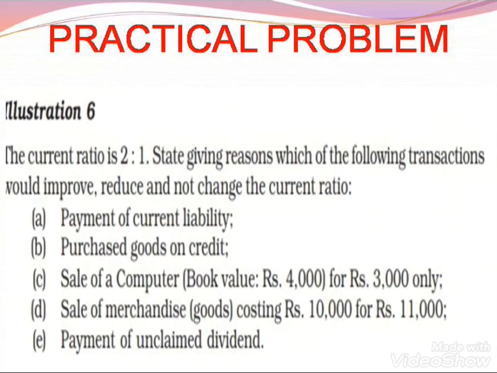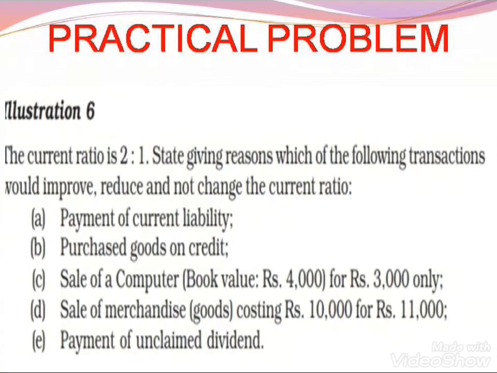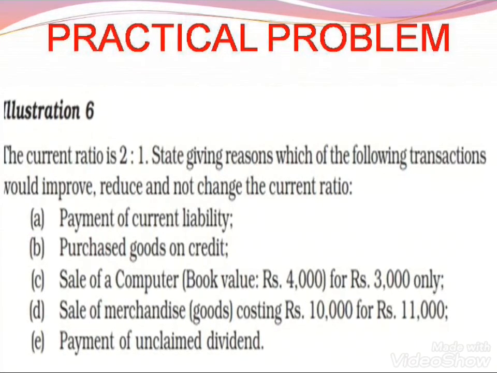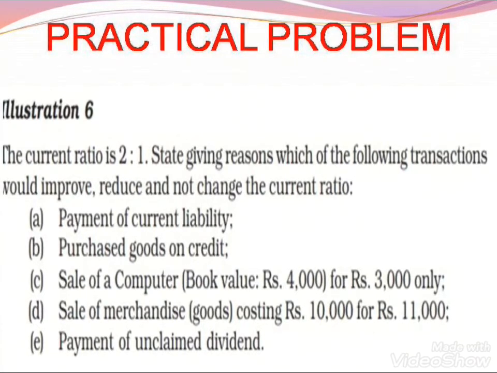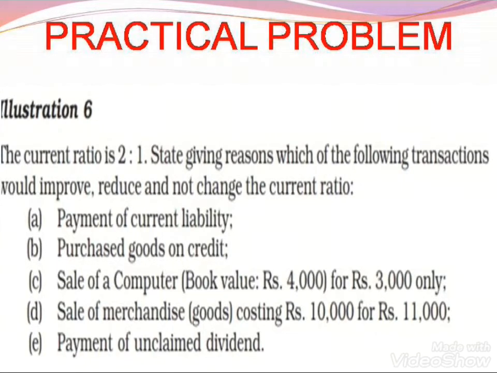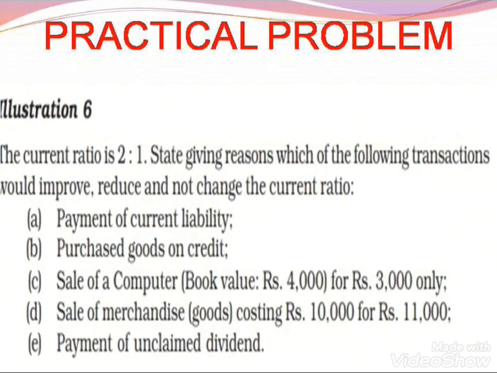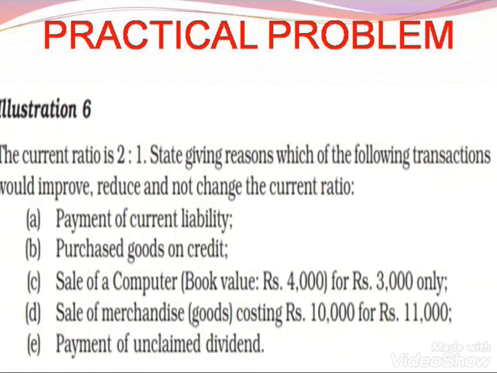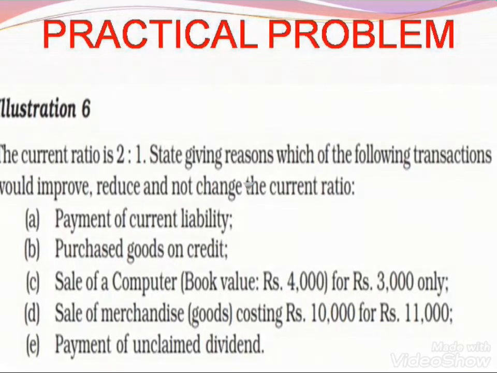Certain transactions are given: payment of a current liability, purchase of goods on credit, sale of a computer having book value of ₹4,000 sold for ₹3,000 only, sale of merchandise, that is goods, costing ₹10,000 for ₹11,000, and payment of unclaimed dividend. On the basis of these transactions, we will have to show the impact on the current ratio 2:1.